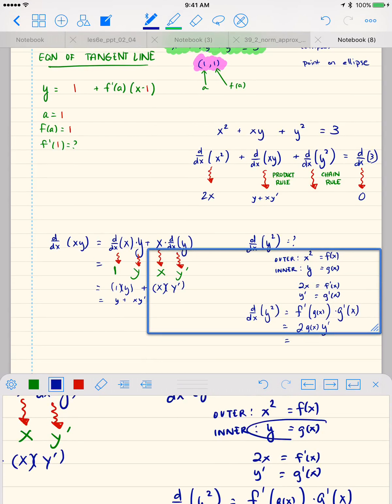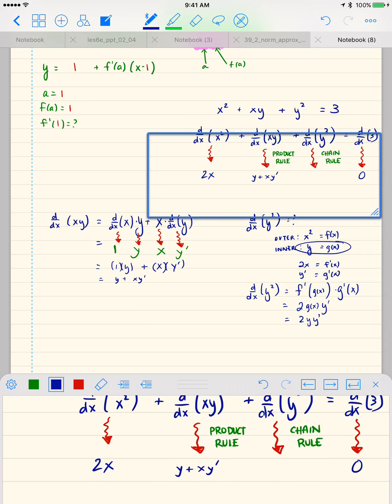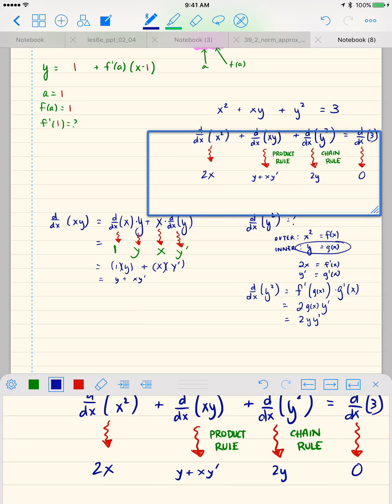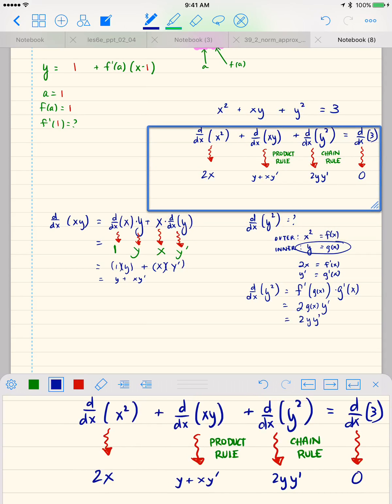Do you see? G of x is equal to y. So we'll have 2y y prime. So up here, we'll put 2y y prime. So our equation becomes 2x plus y plus x y prime plus 2y y prime equals 0.